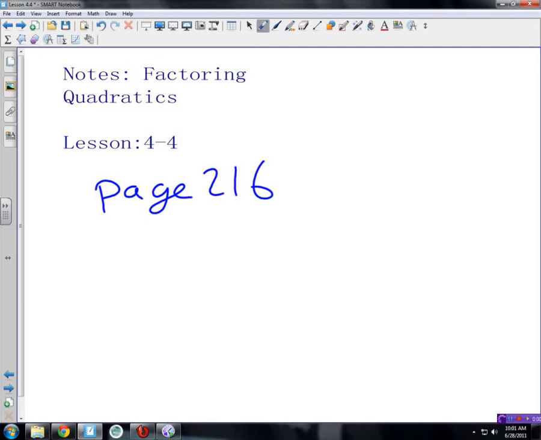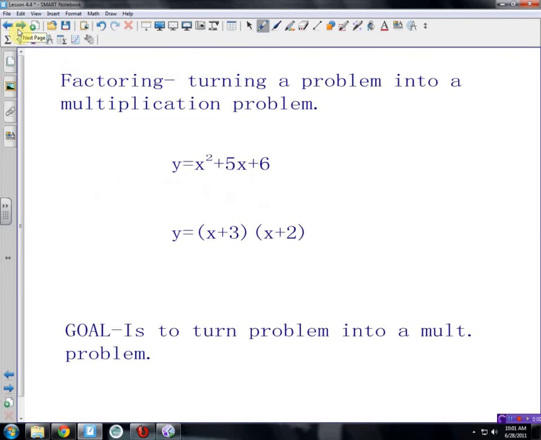Okay. So factoring quadratics. This is usually everybody's favorite, factoring. All right. In factoring, we're turning a problem into a multiplication problem. So from here, we have standard form, and we're turning it into a multiplication problem. See how there's two parentheses here? That means multiplication.